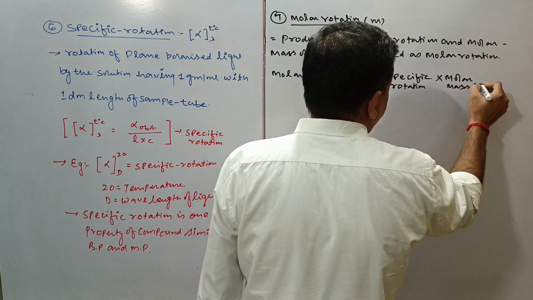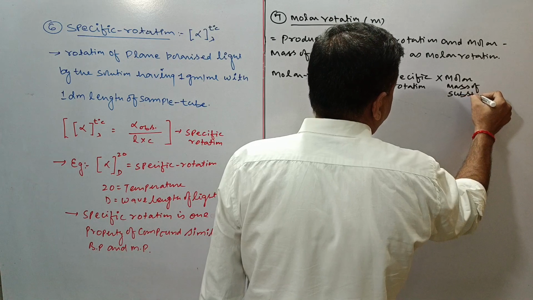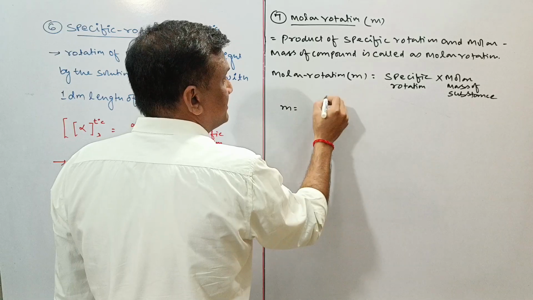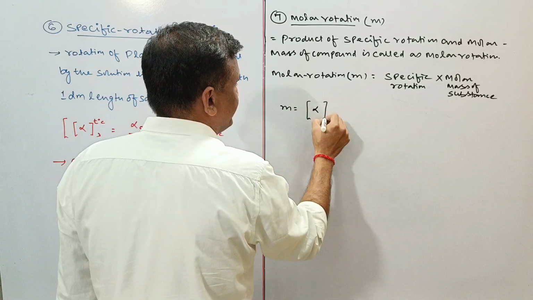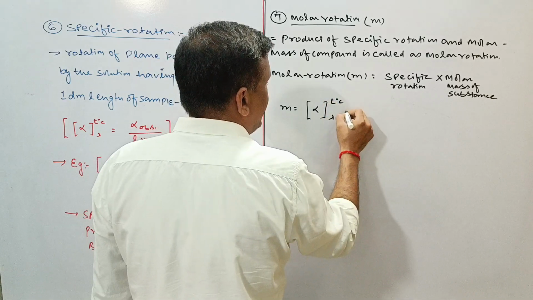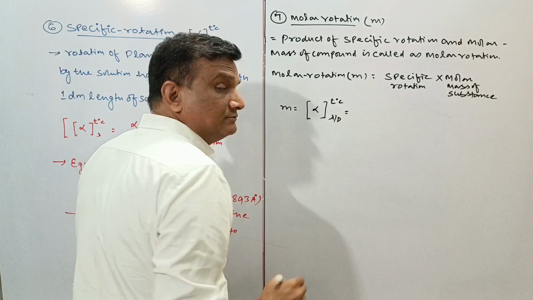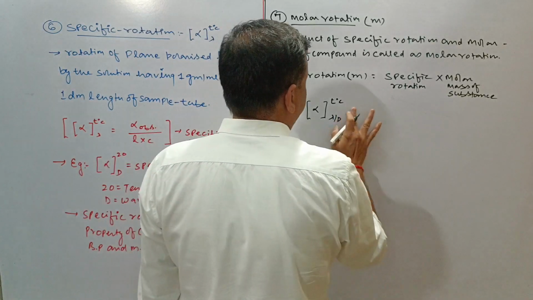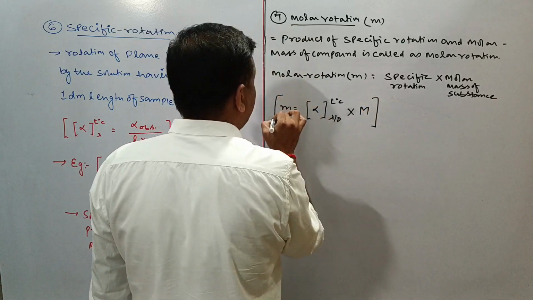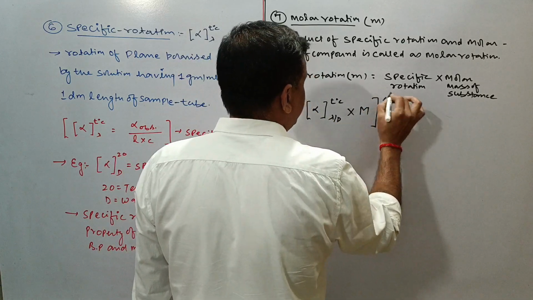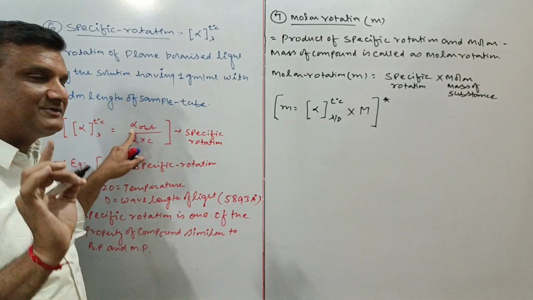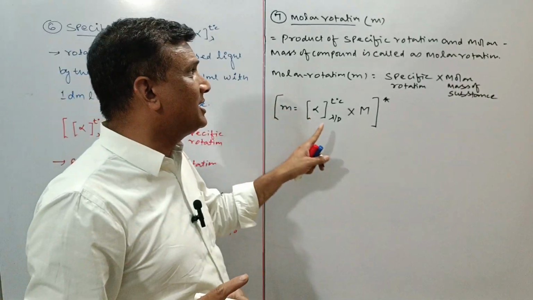If we'll go with the formula, then we can say m is equals to alpha, this is the T degrees Celsius as a temperature, this is the lambda, you can denote it by D also, and it is the product, that's why here will be capital M as a molar mass. So this is the molar rotation as an important point. Here alpha observed is taken by the polarimeter, and this was about the molar rotation.